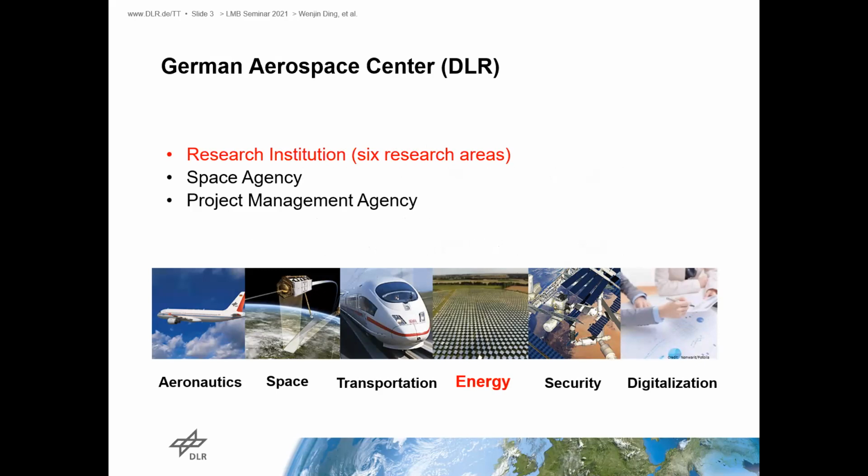It has 6 research areas, and energy is one of the most important areas. Our group is working in this area, and DLR also functions as the national space agency and the national projects management agency.